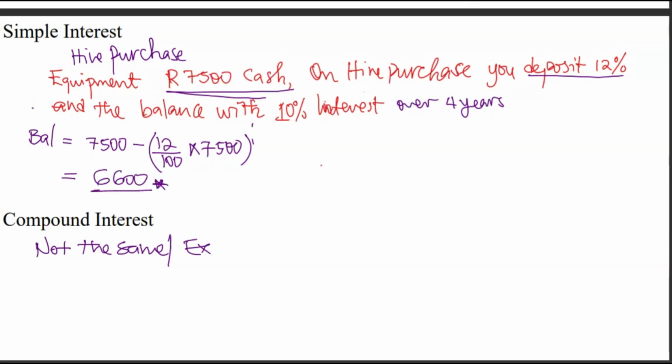So they ask you, how much will it be at the end of the period? You will carry your interest and multiply by the money there. You end up having 660 times 4, which gives you 2,640.